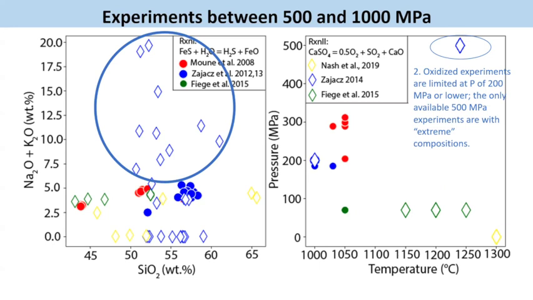However, most experiments are still below 200 megapascal, and the only experimental study at 500 megapascal was conducted with a very extreme melt composition, which is also the set of experiments Ewan pointed out earlier, that have very low partition coefficients for sulfur. So it's not clear whether this low sulfur partition coefficient is due to pressure effects or due to this very high alkaline composition.